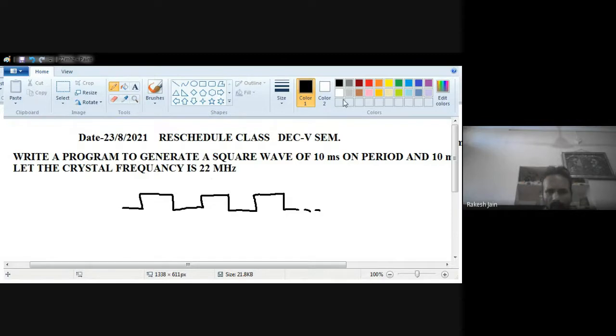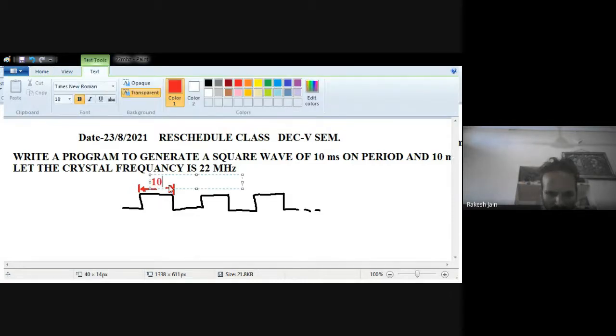The on period is 10 millisecond. Here the on period means this one, the upper value. This is known as the on period, and it should be of 10 millisecond only.